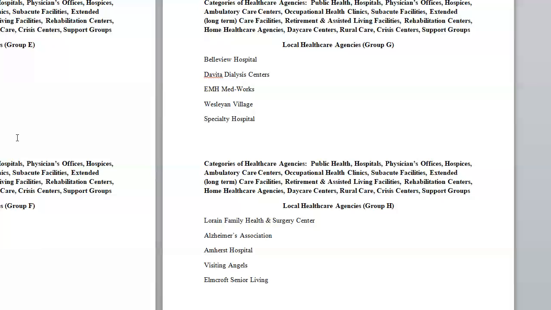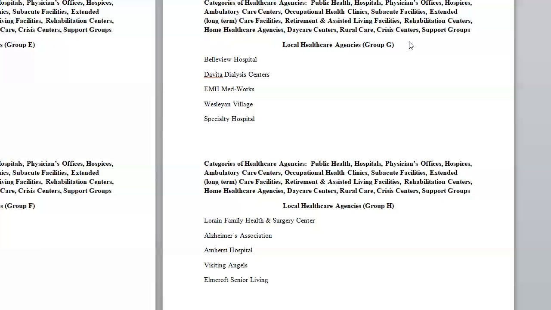Ames Family Hospice hospices, and Lucy Idle Center is extended long-term care facilities, some daycare centers, and TLC Home Health of Ohio are home health care agencies. And those were in Group E and F, and then in G are Bellevue Hospital.